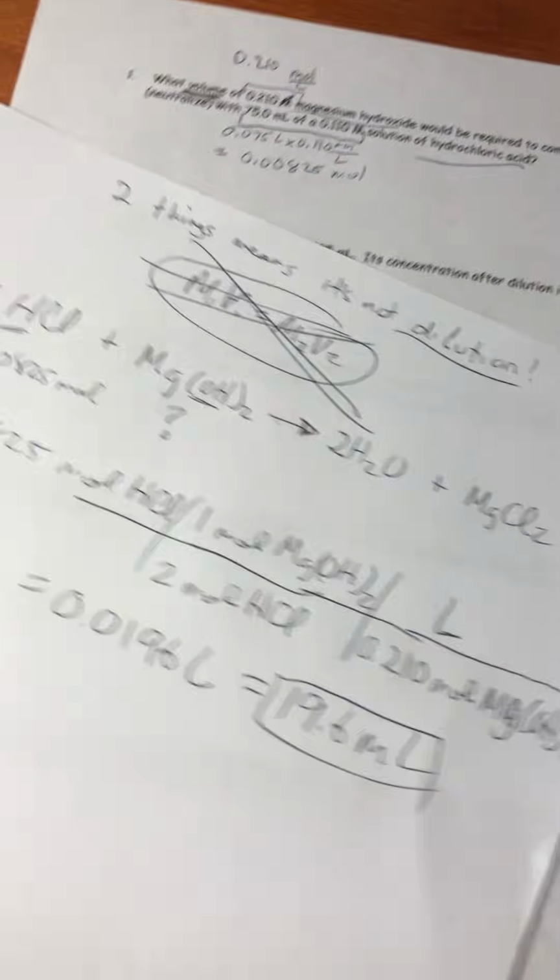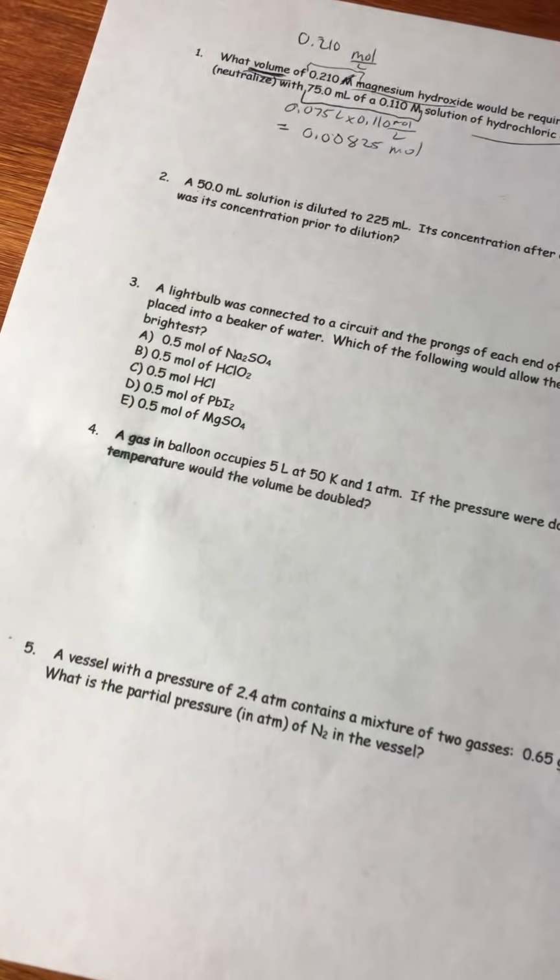Now we can move on to the next one. Question 2. It's a pretty straightforward dilution calculation. Hey, dilution! Yay, you can use M1V1 equals M2V2 should you choose. The problem is you just have to figure out what's M1, V1, M2 and V2. Or you can think through it logically, which I like to do anytime over the alternative.